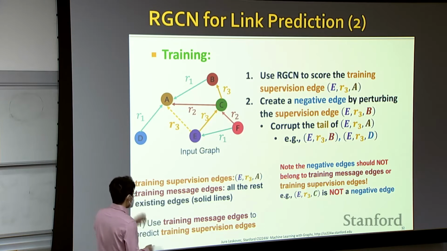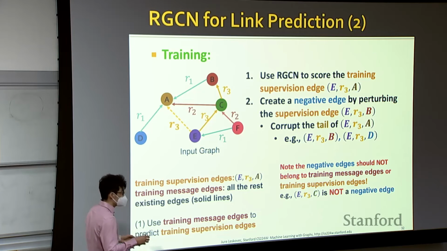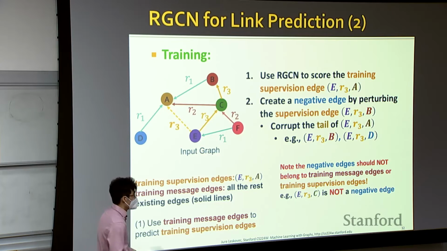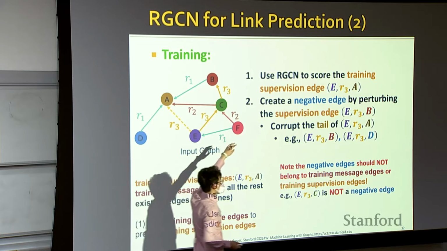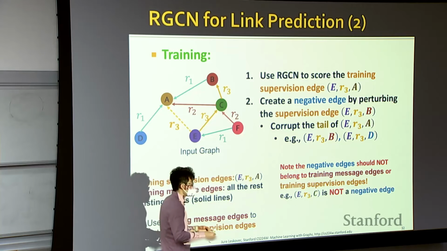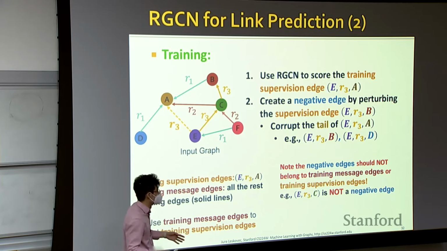And then we want to outline the specific training and validation steps. Suppose you want to perform link prediction on a heterogeneous graph. First, as we talked about, we can score all the potential supervision edges in the network.